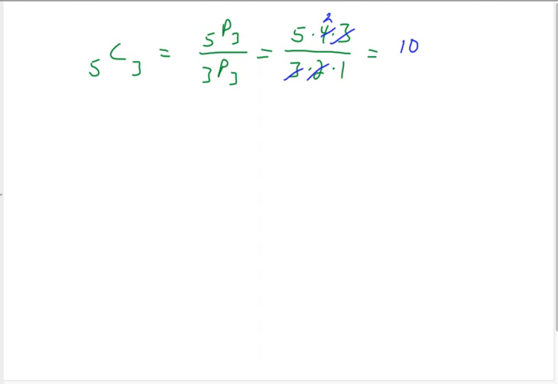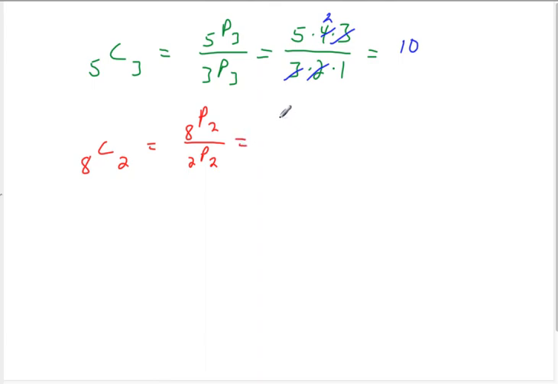Okay, let's try another. Let's say 8C2. 8C2 would be 8P2 over 2P2. Now that means you're choosing 2 items from a group of 8. Like if you had 8 students that wanted to be the class representatives and you're choosing 2 of them, how many different groups of 2 could you get?